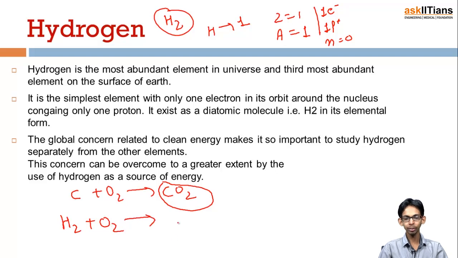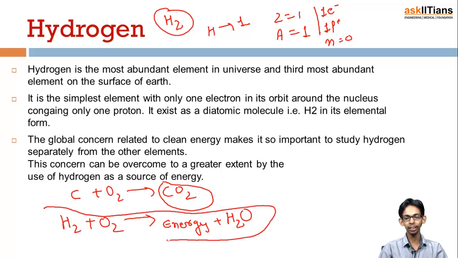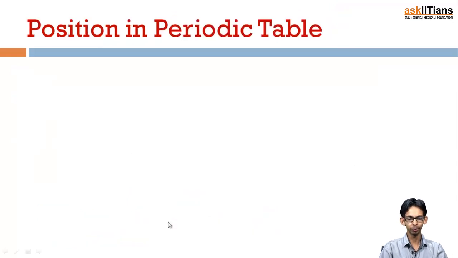So hydrogen can be used as a fuel, and the byproduct would be water. There is no pollution, it is a totally clean and highly efficient source of energy. So we are looking toward hydrogen as the future fuel for obtaining energy, and this branch of study which focuses on hydrogen as a fuel is known as the hydrogen economy.